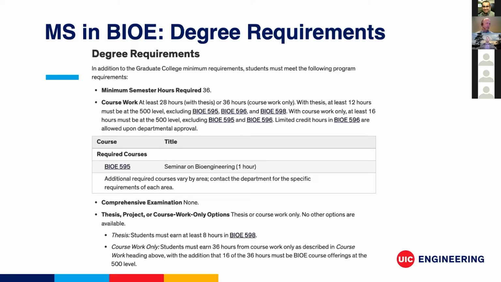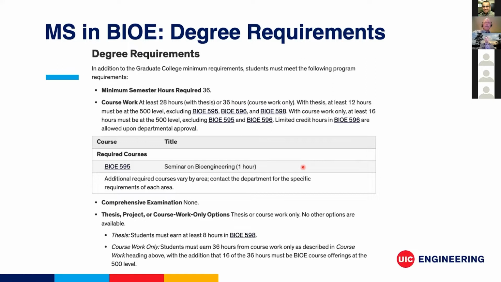And then if you're doing the non-thesis, then you need 16 hours of, let me get a pointer out here. There we go. So if you're doing the thesis, you need 12 hours of 500 level, non-thesis, you need 16, and otherwise they're the same. The only required course is Bioengineering 595, which is a seminar course.